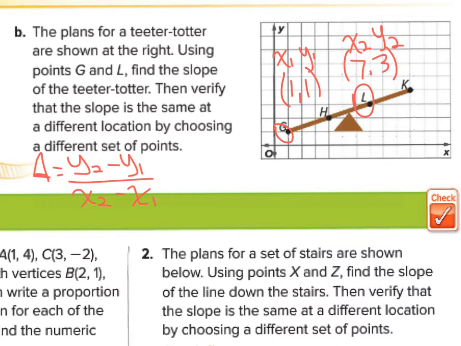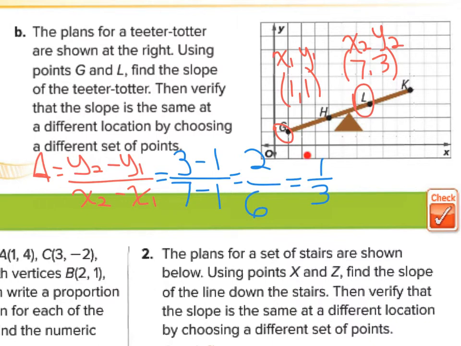Now I can go ahead and replace my variables, because I've already labeled them. When I do so, it looks like this. I get 3 minus 1 over 7 minus 1, because x2 minus x1 is on the bottom, and y2 minus y1 is on the top. Rise over run. And 3 minus 1 is 2, and 7 minus 1 is 6, which is 2 over 6, which is the same thing as 1 over 3.